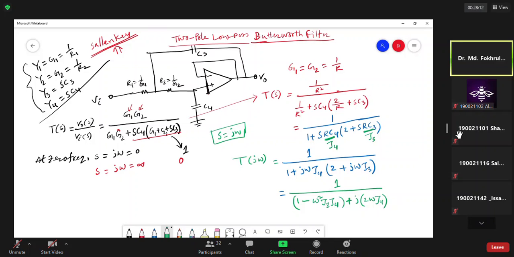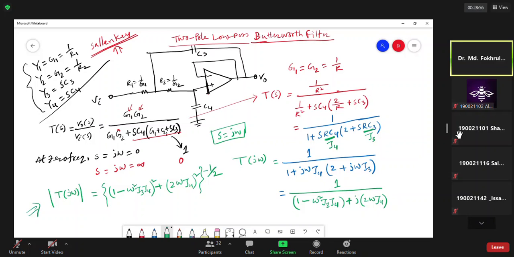The magnitude of T(jω) will be [(1 minus ω² τ3 τ4)² plus (2ωτ4)²] to the power minus half. So the magnitude of the transfer function will be this one.